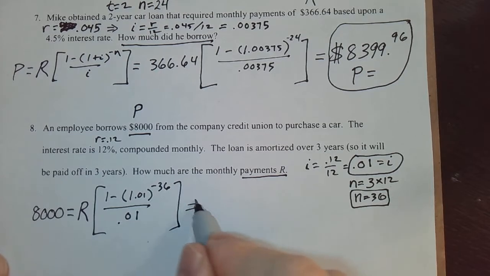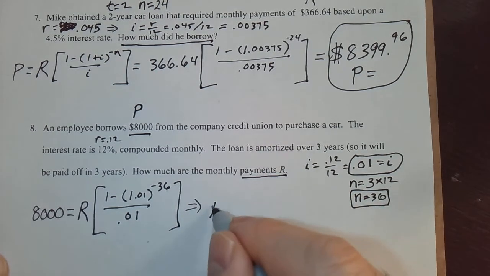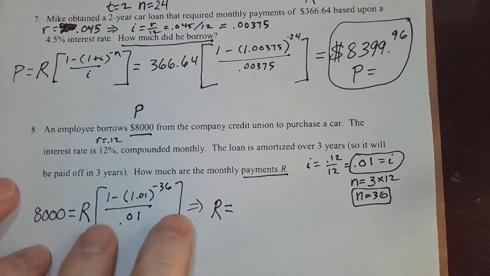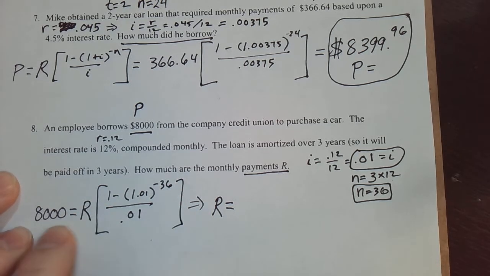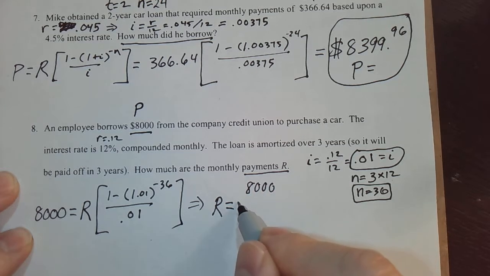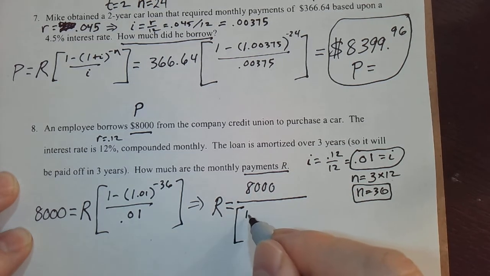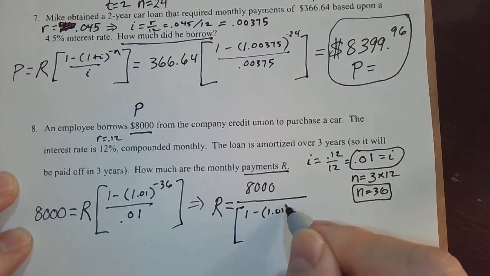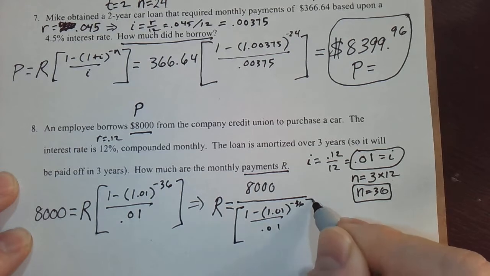I'm just going to write it a different way. I'm going to divide both sides by this big bracket. So R is going to be 8,000 over that big bracket, 1 minus 1.01 to the negative 36, over 0.01.